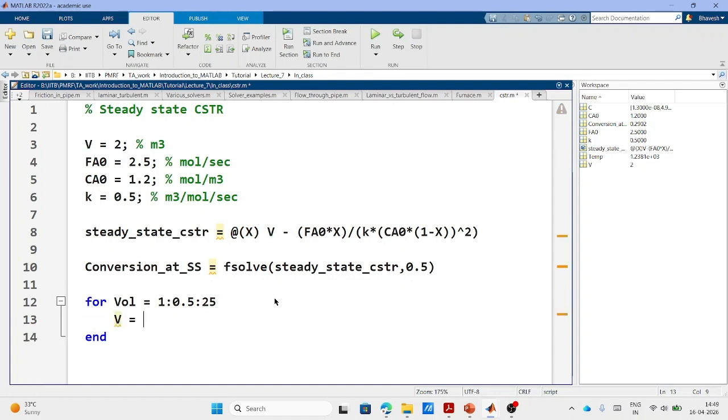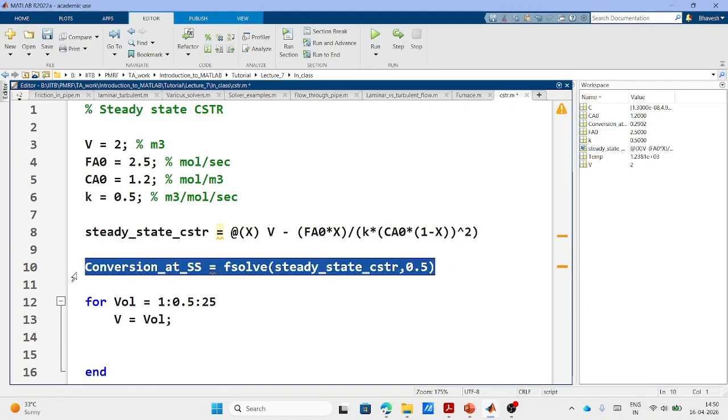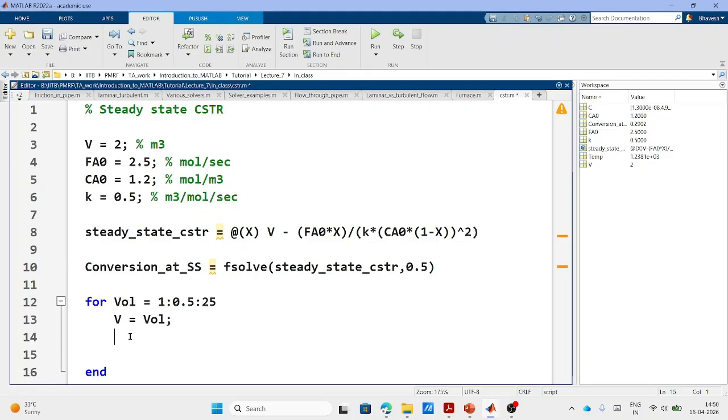In that case, this is my volume. Let me update this: V is equal to volume. So I'm updating the volume value based on my function, and I can just call this part again. Conversion at steady state is this. So this will give me the conversion at every volume value.